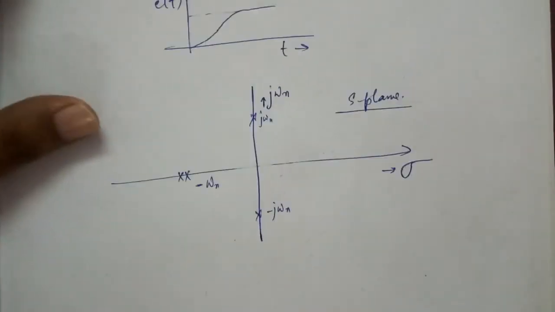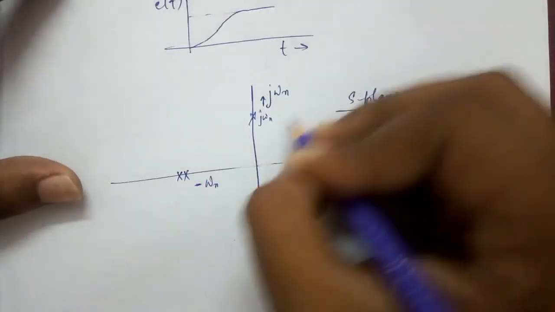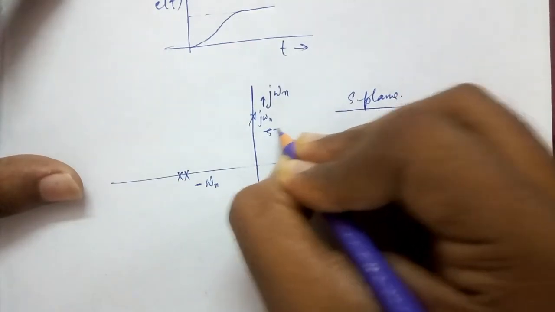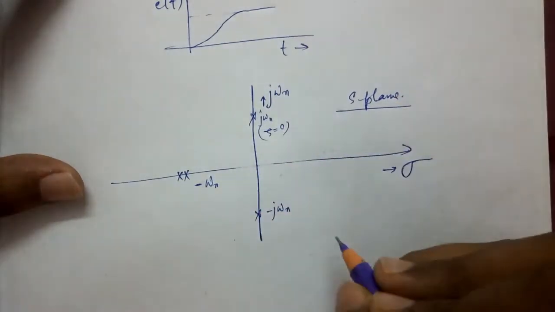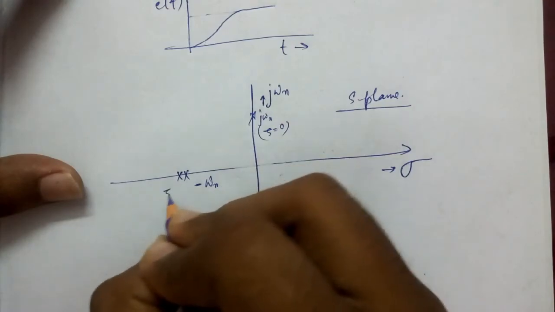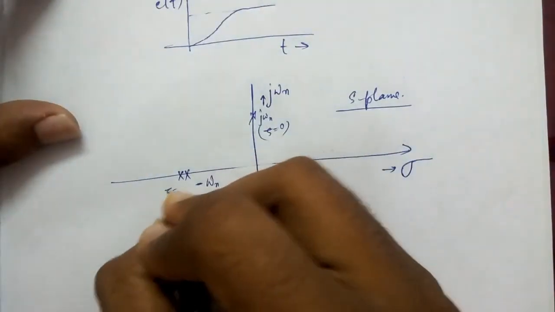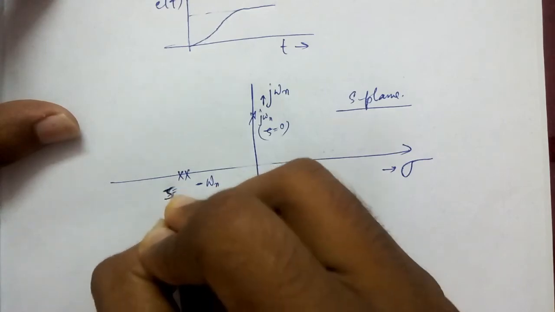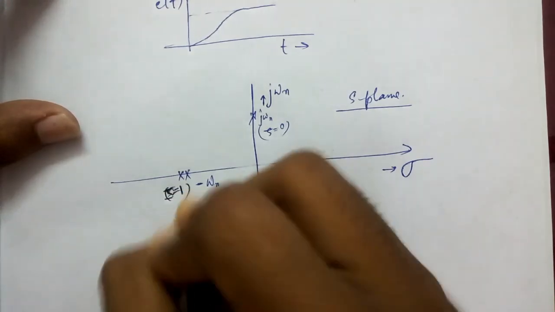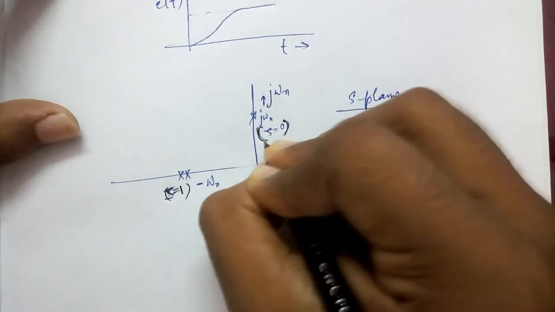If I decrease the zeta value from here, here zeta is equal to 1, here zeta is equal to 0.